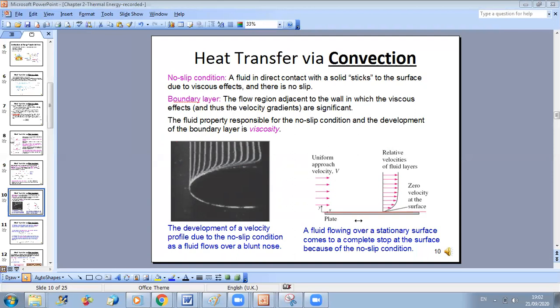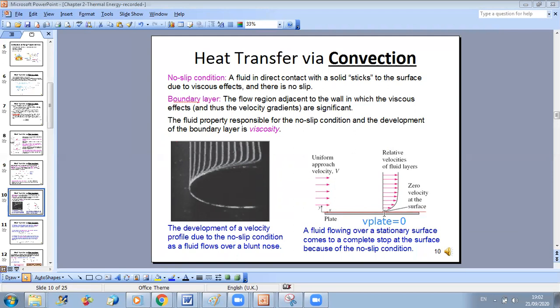So here V plate is equal to 0. And due to the no-slip condition, then the velocity of your fluid when it comes into contact with the plate should be also 0.